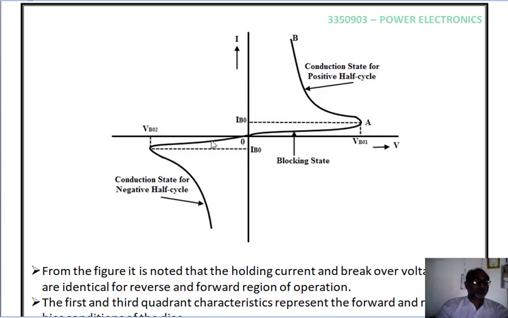Similarly, when a negative voltage less than the breakdown voltage is applied, a very small amount of current passes through the diode, called the leakage current. As you can see, the region OA is known as the blocking region.